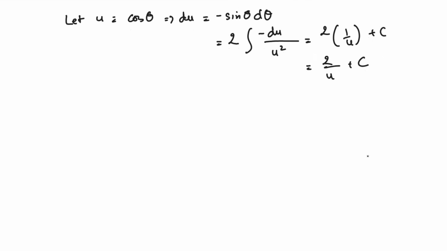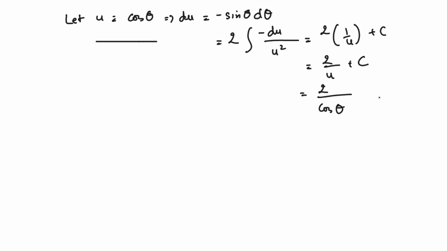First, I need to convert u back to x. I know that u equals cosine of theta. So I have to convert cosine of theta back to x. At first I let x equal 2 tangent of theta.